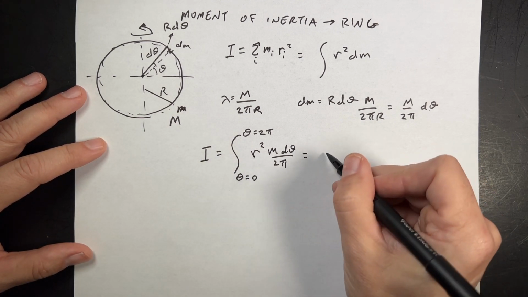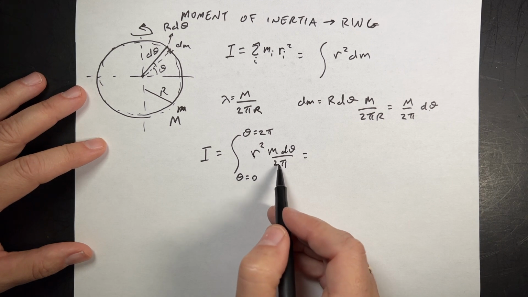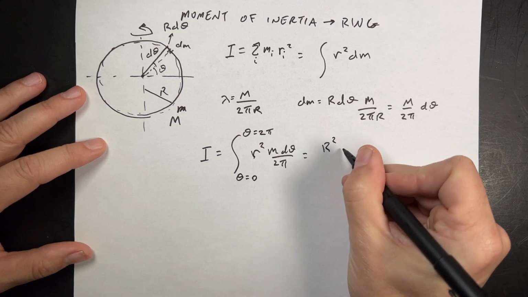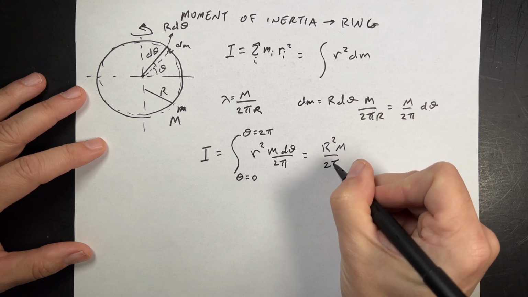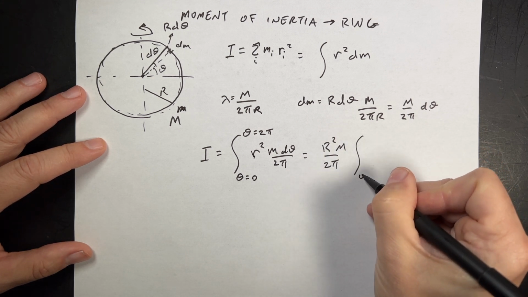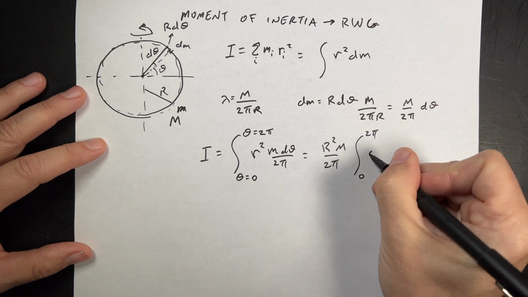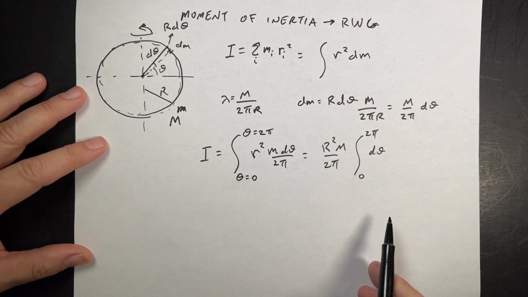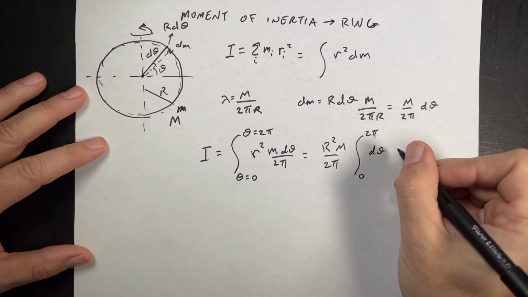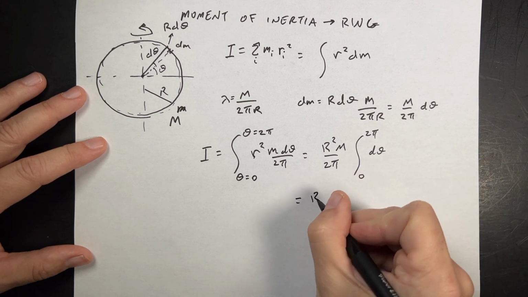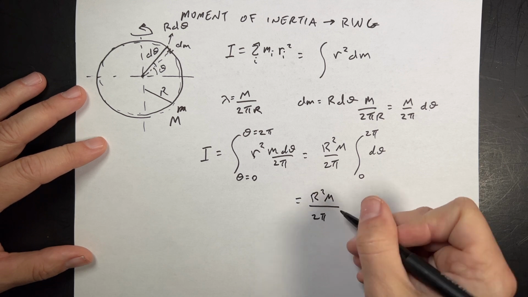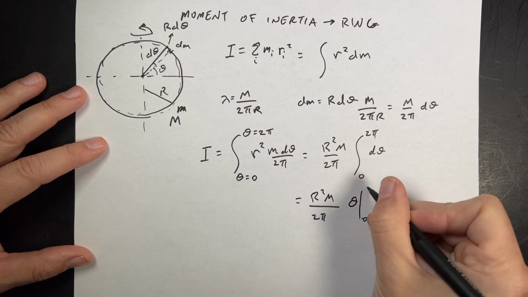So I have r squared, 2 pi, M. They're all constant, so I can pull them out front. I have r squared, M over 2 pi, times the integral from 0 to 2 pi of d theta. Now what's the integral of d theta? It's just theta, evaluated from 0 to 2 pi.